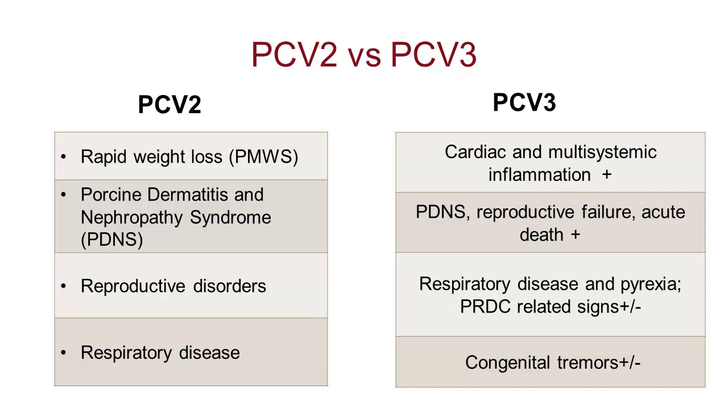I put those plus and minus. It's just my thought on how confident I am in the literatures reporting those clinical signs, because not all the literatures have a full diagnostic workup, and some pathogens haven't been ruled out in their case reports. But if you attended the seminar yesterday from Dr. Bayer, they recently found congenital tremor cases, and they showed the clinical lesion in the brains as well.